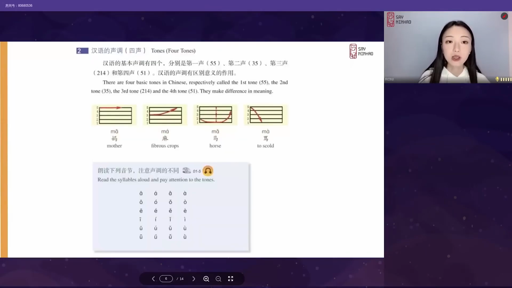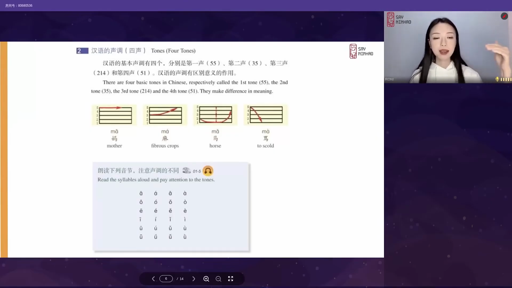And there is still a very important part for Pinyin, which is tone. Tone is a very outstanding feature of Chinese. We have four basic tones for Chinese. If I use ma as an example, then the fourth tone is ma, ma, ma, ma. These four tones, okay?